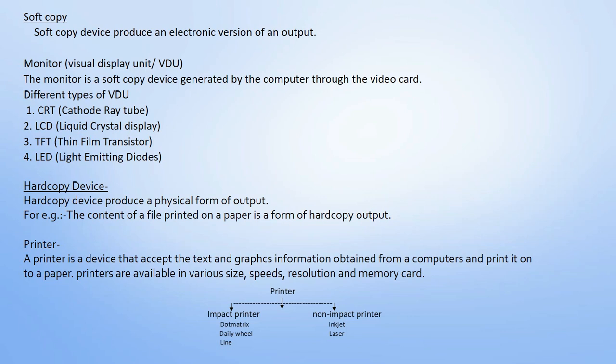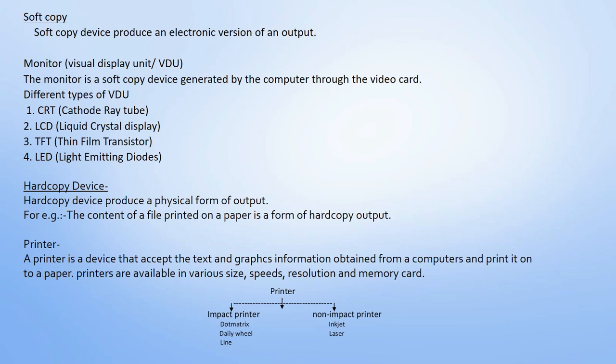Now, printers are again divided into two major sections, that is your impact printer and non-impact printer. So inside your impact printer, dot matrix is there, daisy wheel and line printer are there. And under your non-impact printer, inkjet printer is there and laser printer is there.